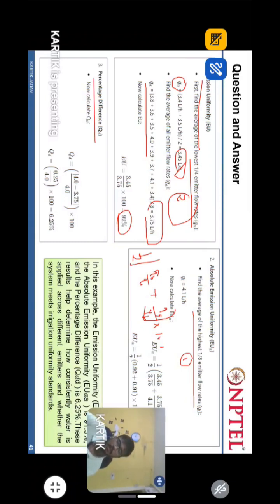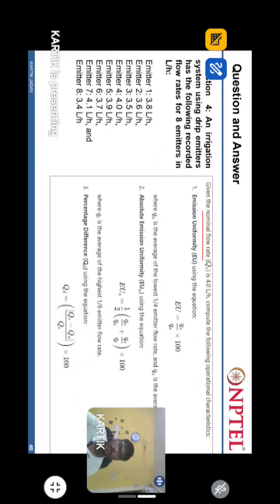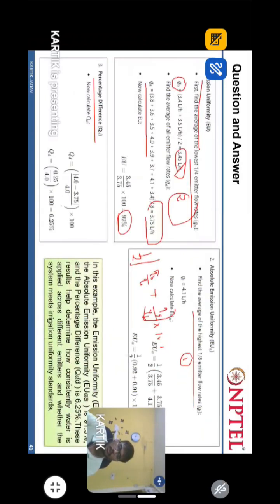Now the third quantity that we need to identify is the percentage difference. That is given by QR minus QA divided by QR. QR is given as the nominal flow rate, that is 4. So 4 minus average 3.75, divided by 4. That is 6.25%. So in this example, what have you learned?